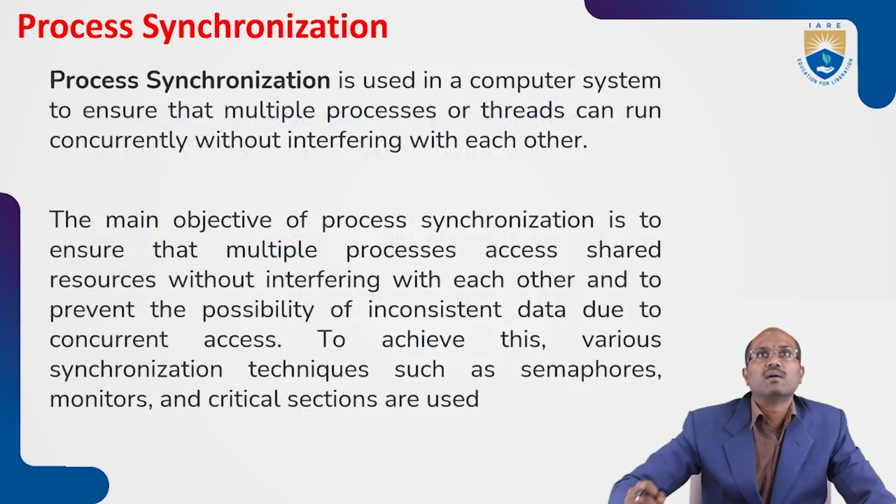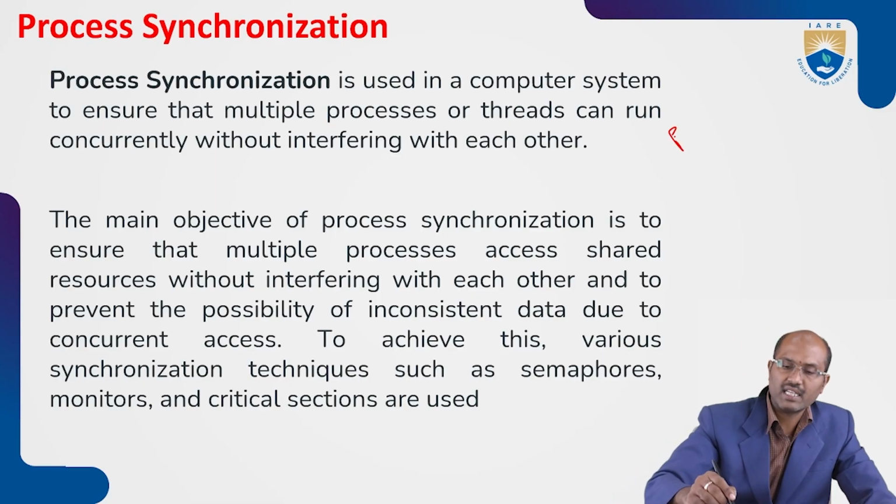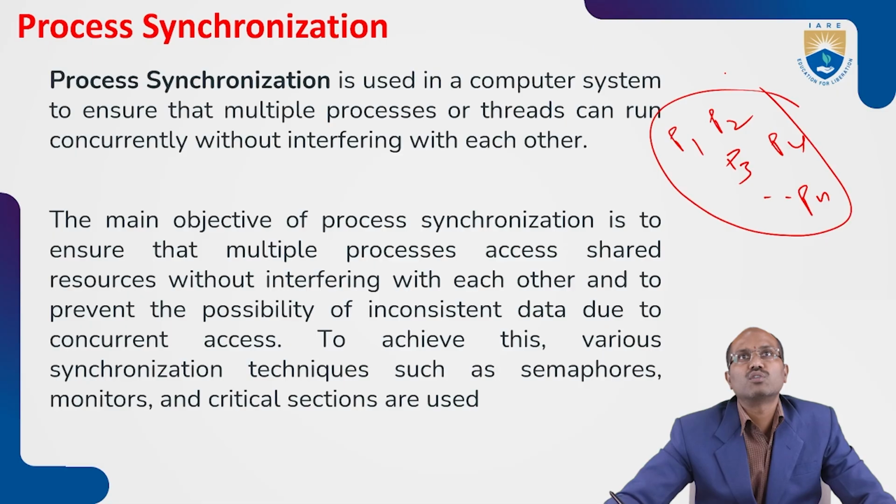Process synchronization is used in a computer system to ensure that multiple processes or threads can run concurrently without interfering with each other. There may be n number of processes running concurrently on the same resource without interfering with each other.